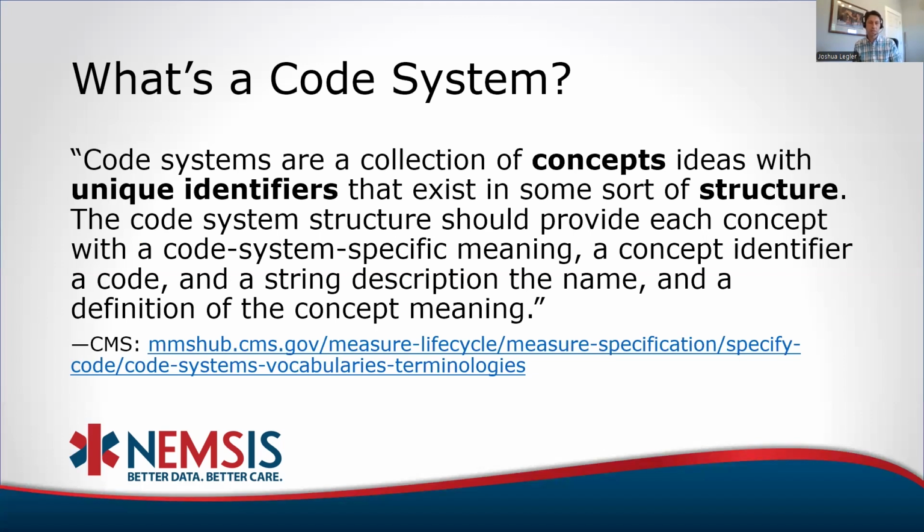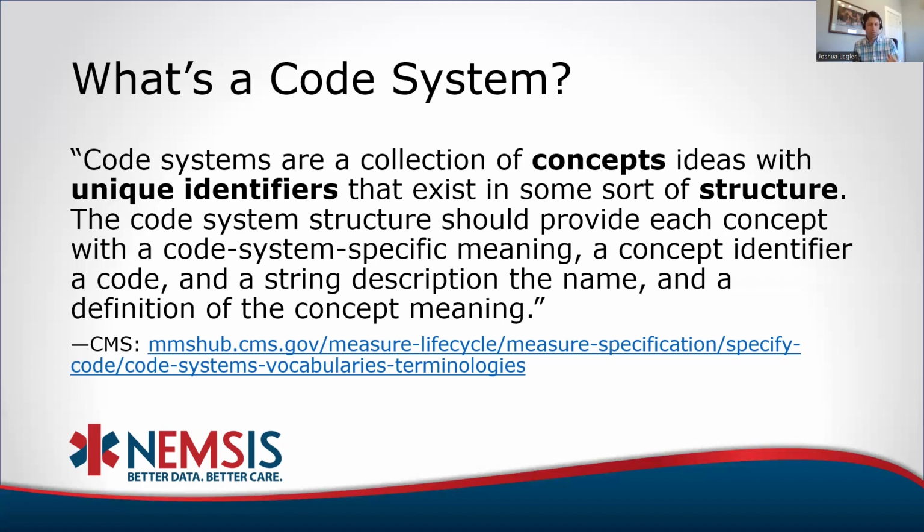A code system is not just a list of codes. So NEMSIS has a lot of lists of codes within it. For example, if you look at the patient's race, you'll see half a dozen codes, and each of those codes has a label. But a code system has not just those unique identifiers and labels.